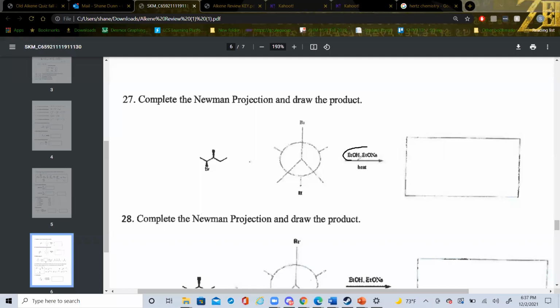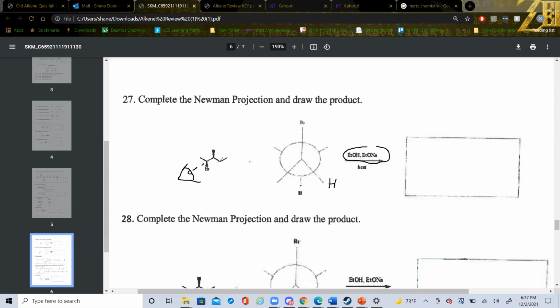Our product is going to be a bulky base, which means we're going to add a double bond. Our eyeball is looking at this structure like this, right? So the bromine's going to go up like this, the hydrogen's going to go down. So we're going to put the hydrogen over here because on this side is where things are going away from us.